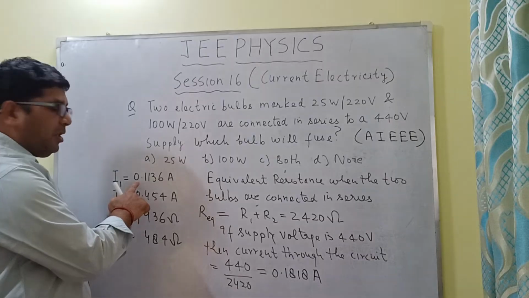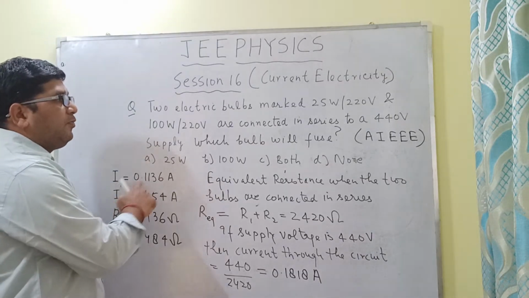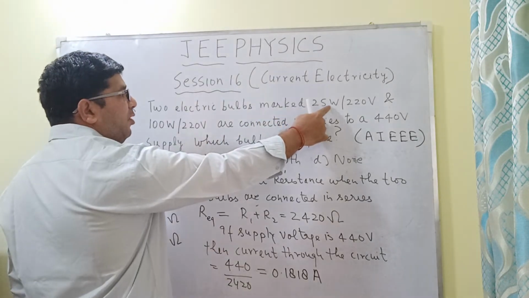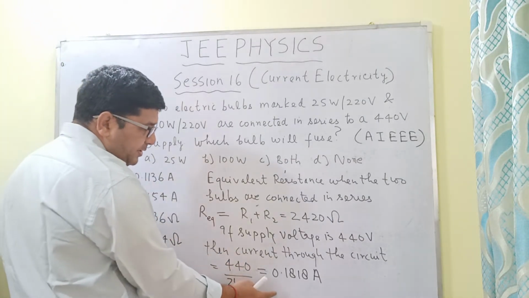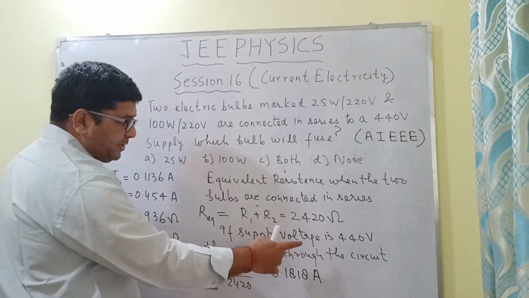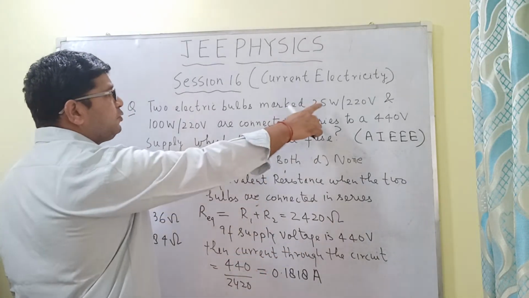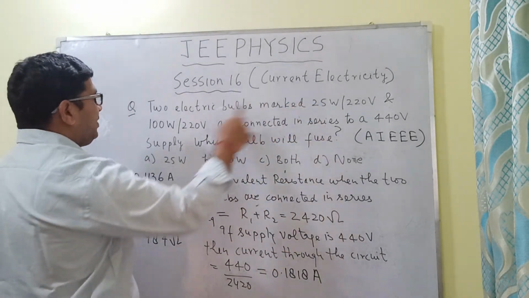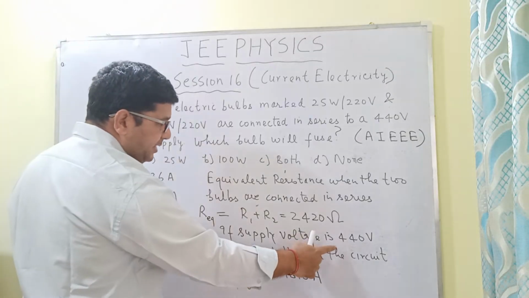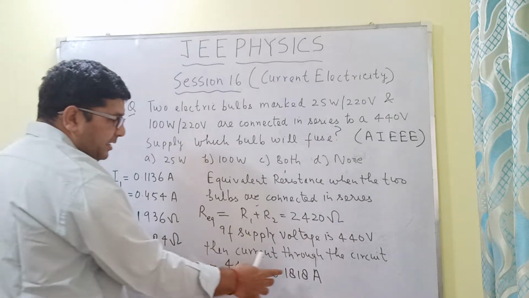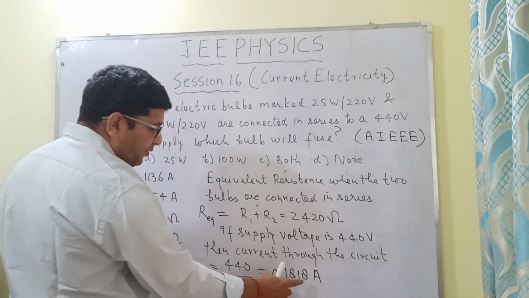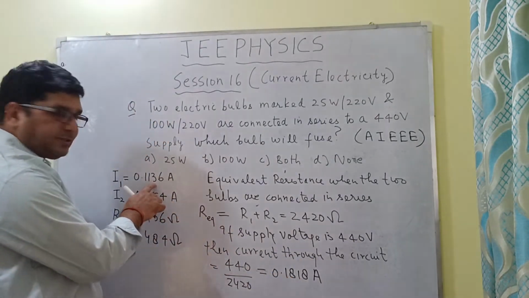Okay, the maximum allowable current for this 25 watt bulb is 0.1136 ampere, whereas the current flowing through the circuit when these two bulbs are connected in series and the supply voltage is 440 volt is 0.1818, which is more than this.